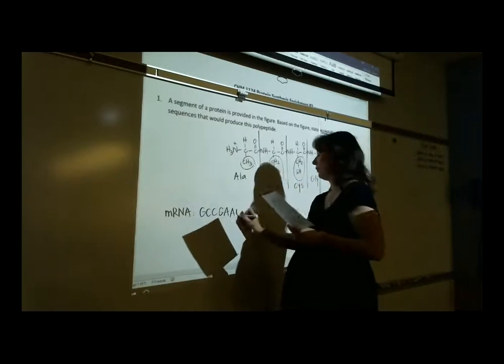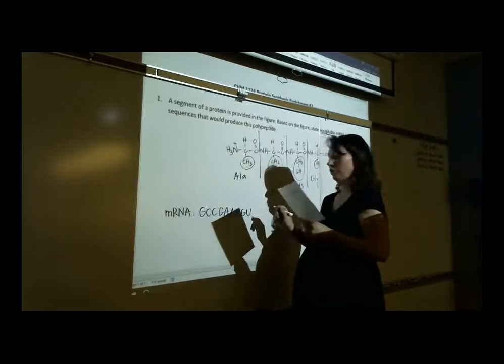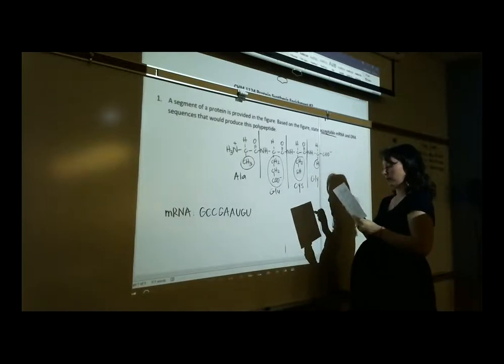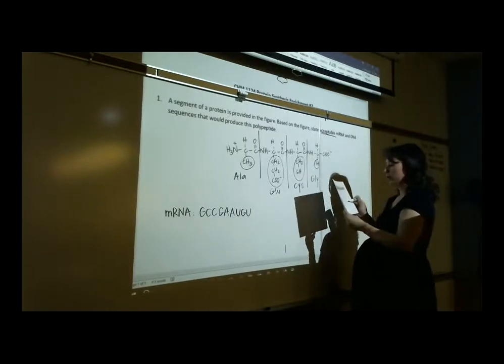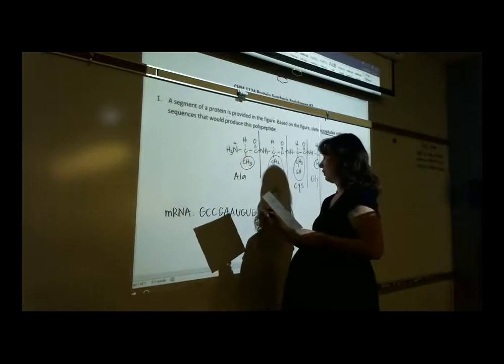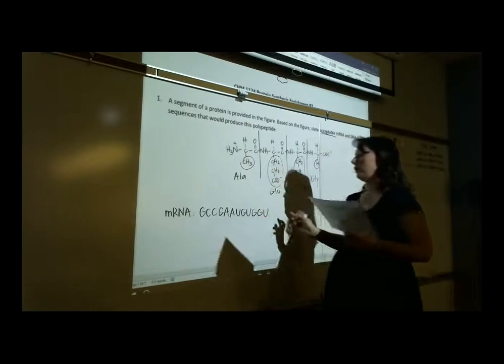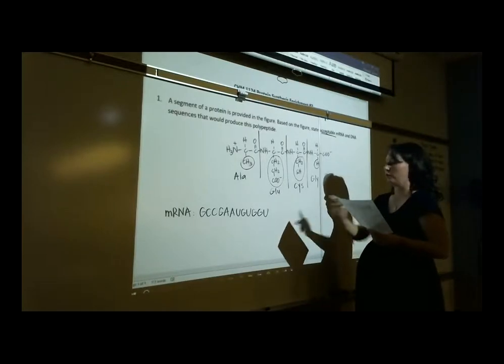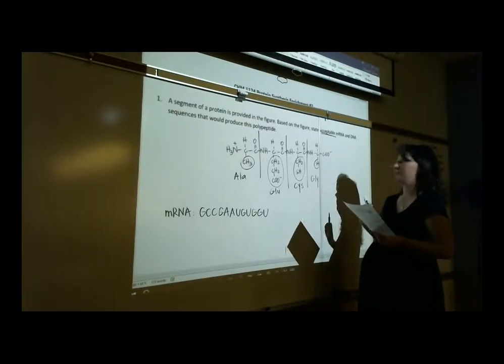UGU, okay. But UGC would have also worked. And then for glycine, let's see how many choices we have. We've got 4 to pick from. GGU, GGC, GGA, GGG. GGU, all right. So do you understand why you could have picked any one of those 4, right? Because any one of those 4 would have produced that same amino acid.